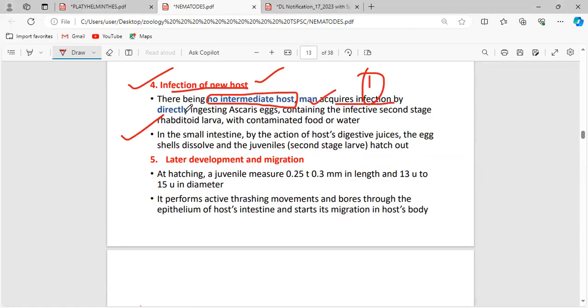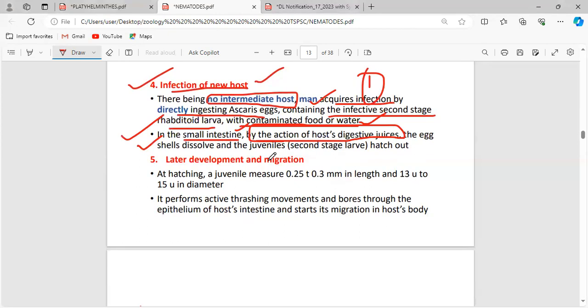Now, how does man acquire infection? Man acquires infection directly by ingesting Ascaris eggs containing the infective second stage rhabditoid larva with contaminated food or water. In the small intestine, by the action of the host digestive juices, see, in the small intestine many different types of alkaline juices are secreted to digest the food.